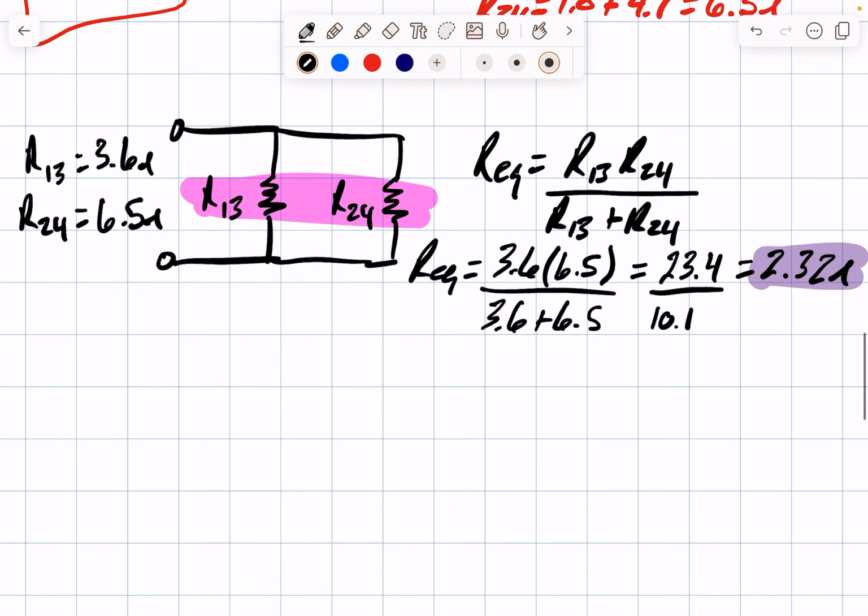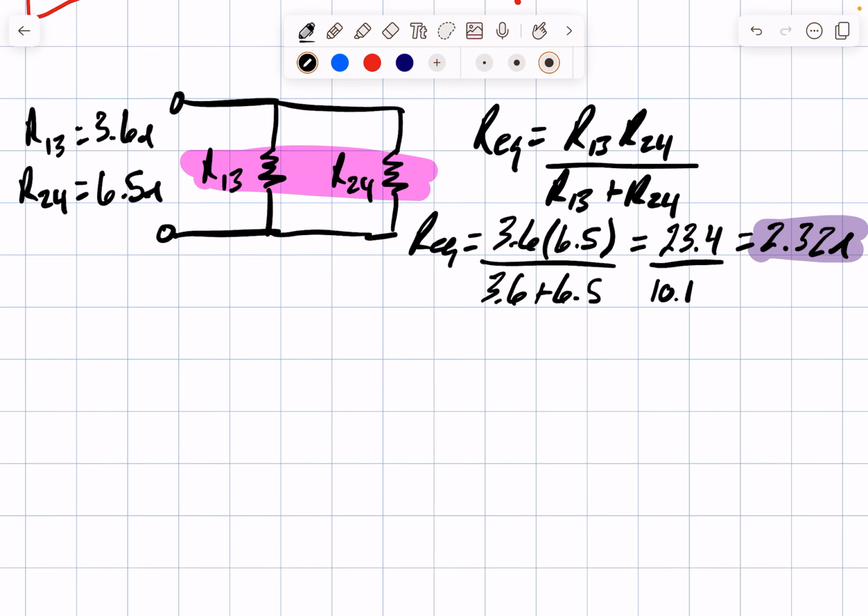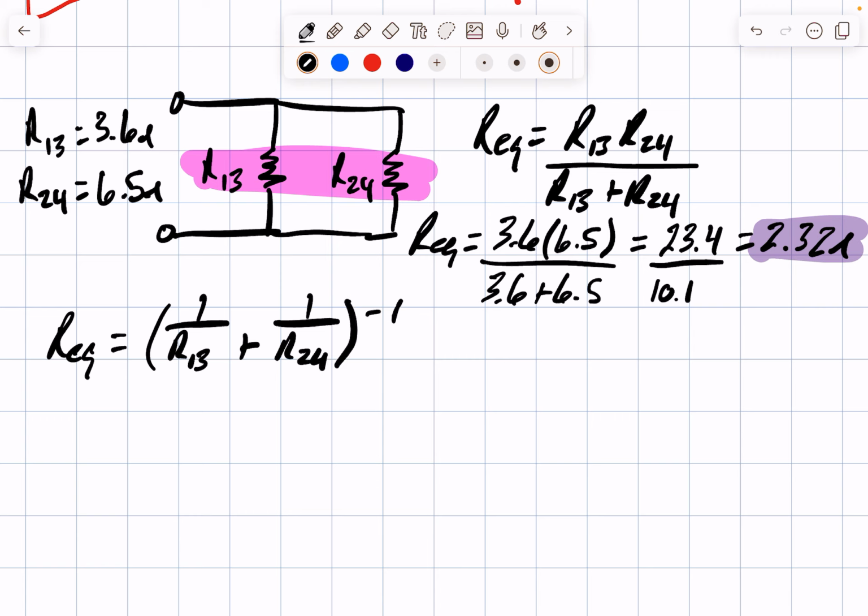Now, doing it with the other equation to show you that we get the same result here, let me go ahead and do that. So REQ is equal to (1 over R13 plus 1 over R24) to the power negative 1.